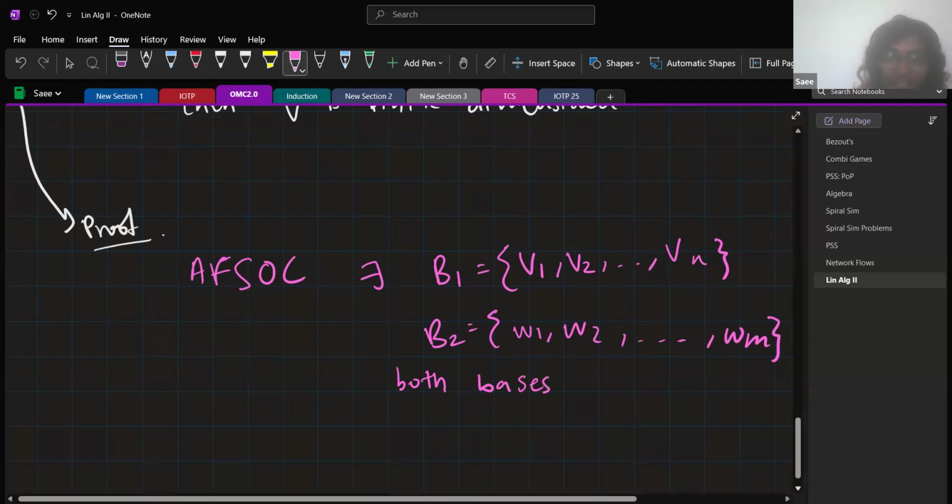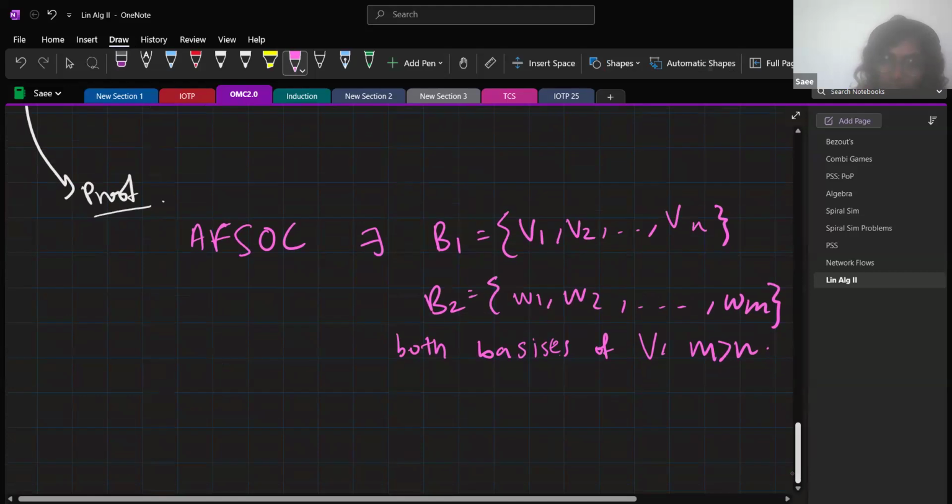Bases? Basises? I don't know. And also let's assume m is greater than n, right?